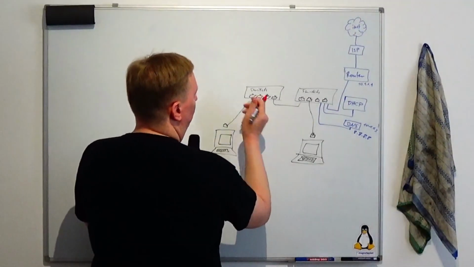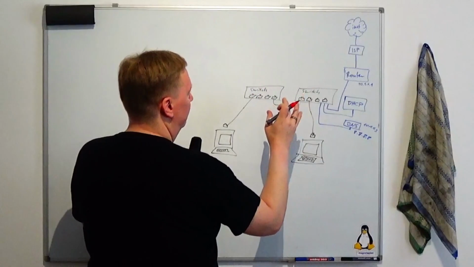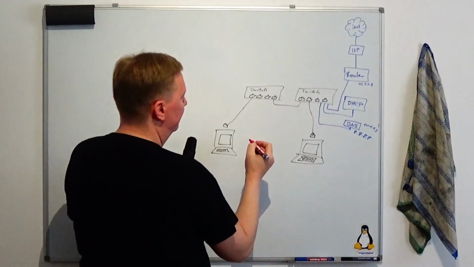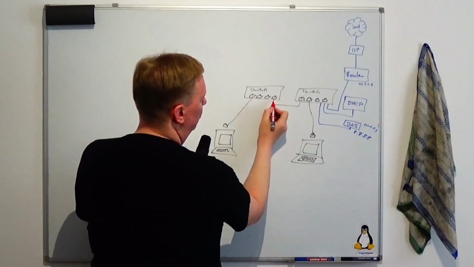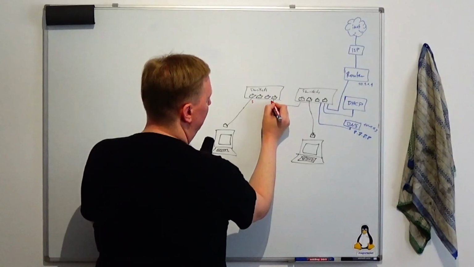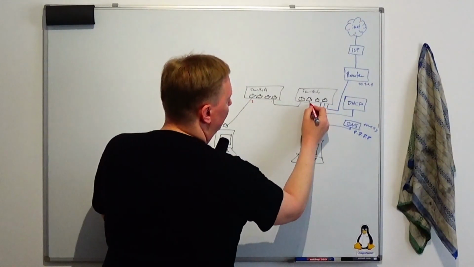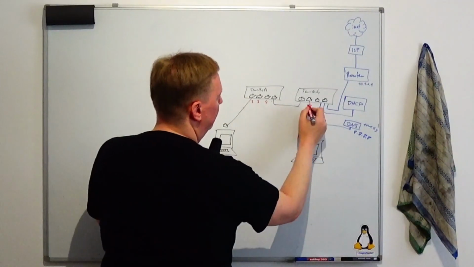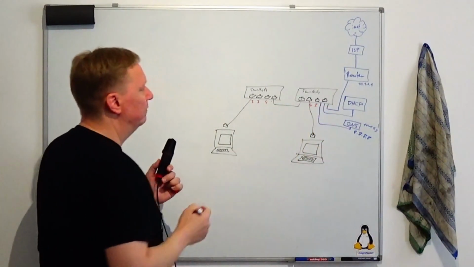So when you use VLANs, then you don't have to, but you can assign a number to each of these ports, like say number 3 and number 4 here. You can have the same number multiple times, 3, 4, 3, whatever.